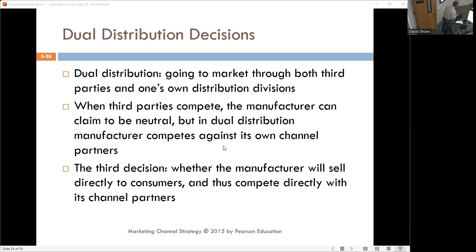In dual distribution, the manufacturer competes against his channel partners. Here's the big phrase that's important for you to remember.